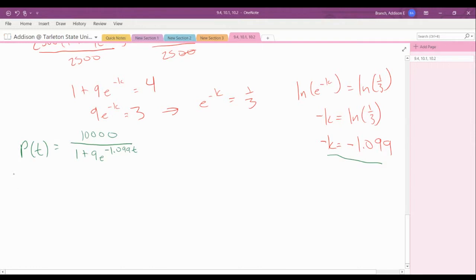Now we just have to go ahead and plug in our 4. P of 4 is equal to 10,000 over 1 plus 9e to the negative 1.099 times 4. And if you plug that into a calculator, you get about 9,000.